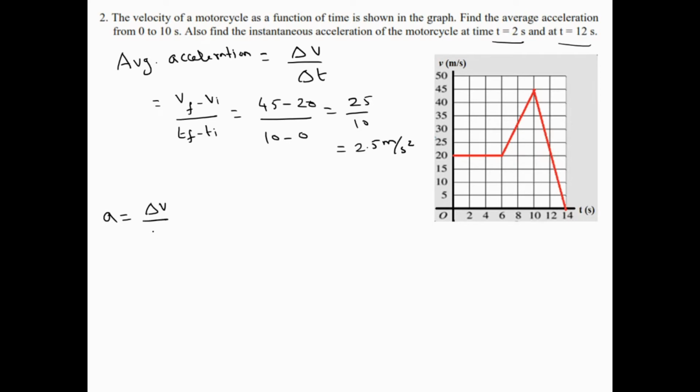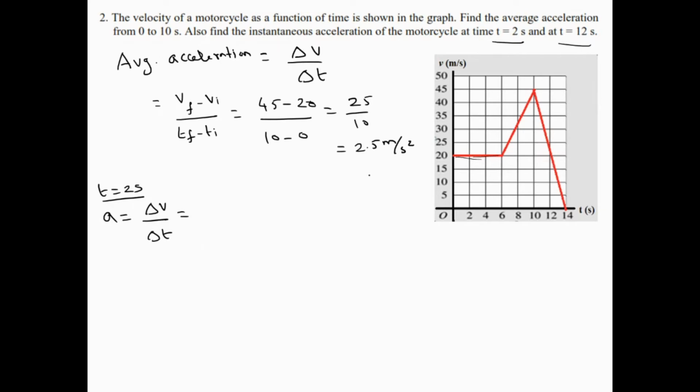I'm writing here delta v over delta t because it's a slope value. For time t equal to 2 seconds, you have to see here, the line at the time t equal to 2 seconds is a straight line.